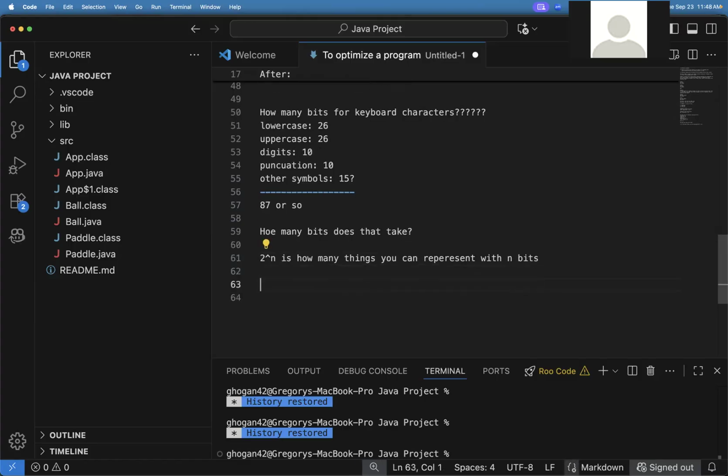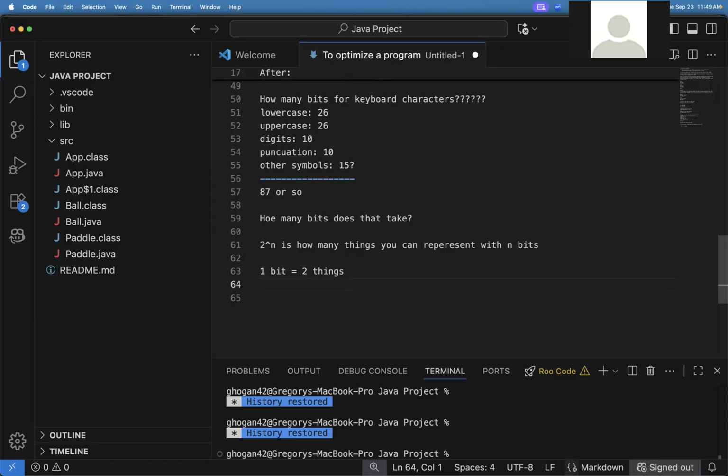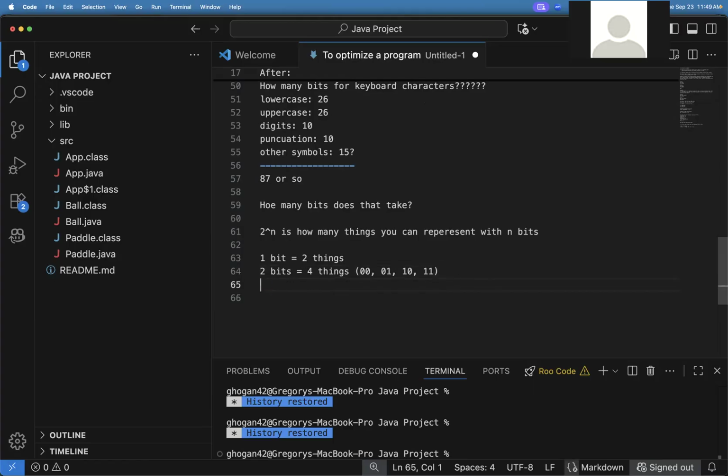What that means is, if you have one bit, you can only represent two things, a zero or a one. But if you had two bits, now you can represent four things. 0 0, 0 1, 1 0, 1 1. Those are the four things you can represent.